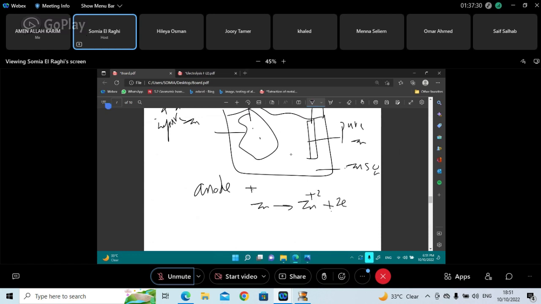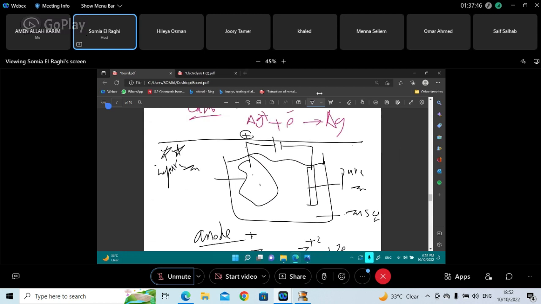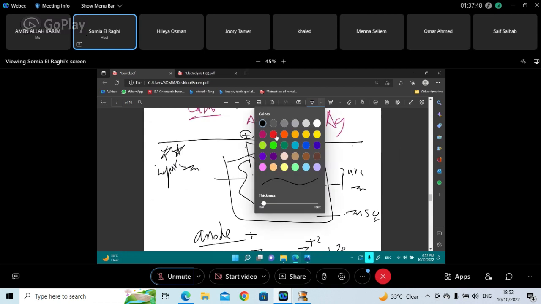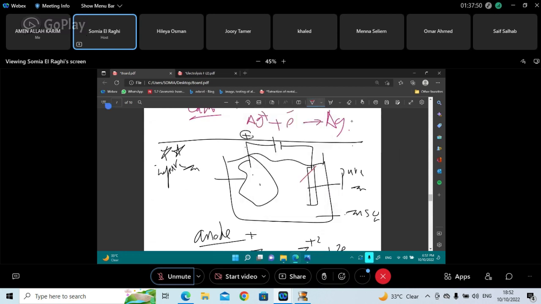That's the equation at the anode, and then you flip it at the cathode: Zn2+ plus 2 electrons gives zinc. What will happen here? I get pure zinc at the cathode area, just one equation and you flip it. So the mass of the cathode increases and the mass of the anode decreases. It is done.